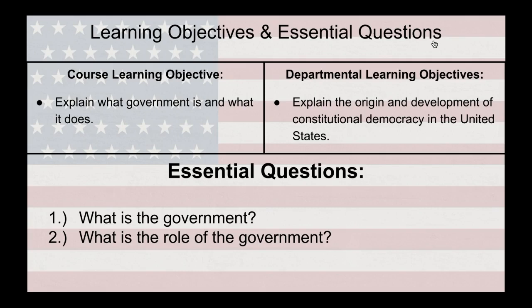The essential questions are pretty basic. For this first lecture, our essential questions are: number 1, what is the government? And number 2, what is the role of the government? So we're really going to be tying this back to the course learning objective, dealing with what exactly a government is and what exactly a government does.